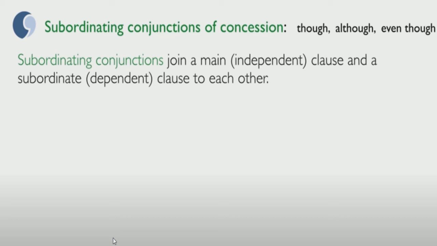Though, although, even though. Итак, мы будем говорить о придаточных предложениях, где одно является главным, main independent clause, а вторая часть зависимой. Subordinate clause or dependent clause. Смотрим, как эти две части соединяются этими словами.